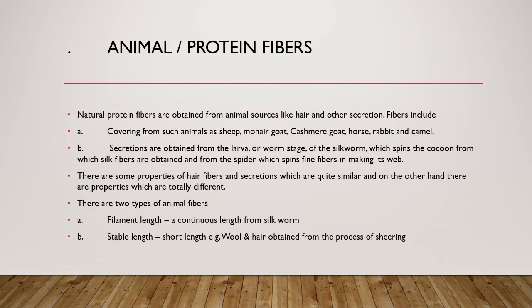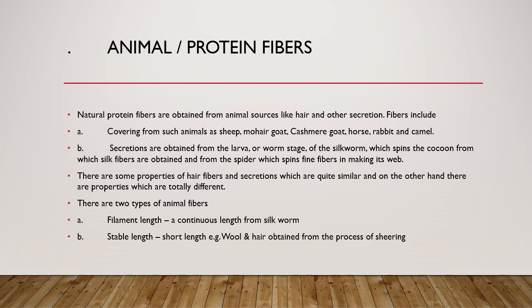The animal, also the protein fibers. Animal fibers are also known as the protein fibers. We had talked on that. Natural fibers are obtained from animal sources like hair and other secretions. Fibers include coverings from animals such as the sheep, mohair goat, cashmere goat, horse, rabbit, and camel.